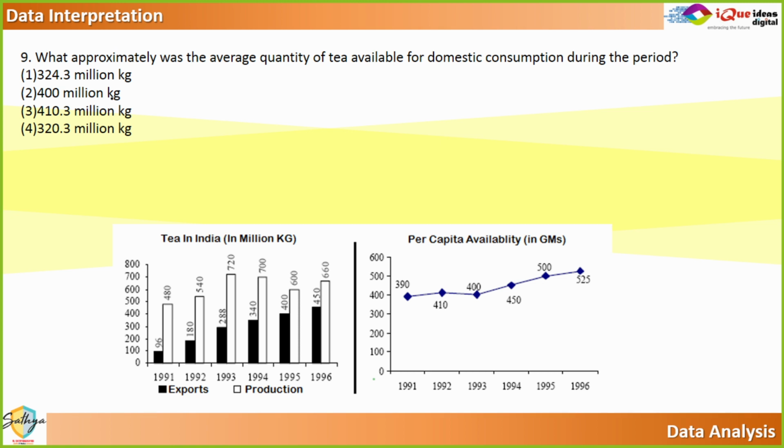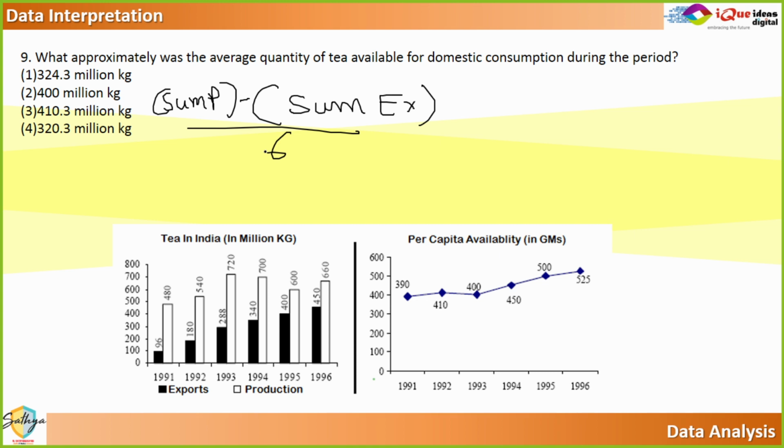Did you get it? So this is sum of all exports. Sum of all production minus sum of all the exports divided by 6. That will give you the average value.